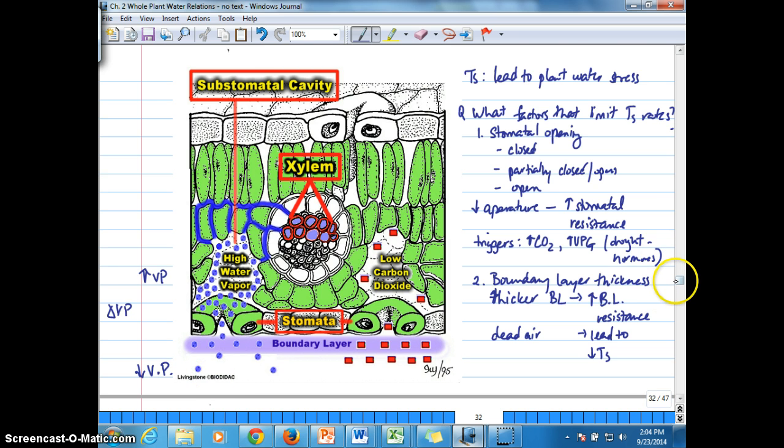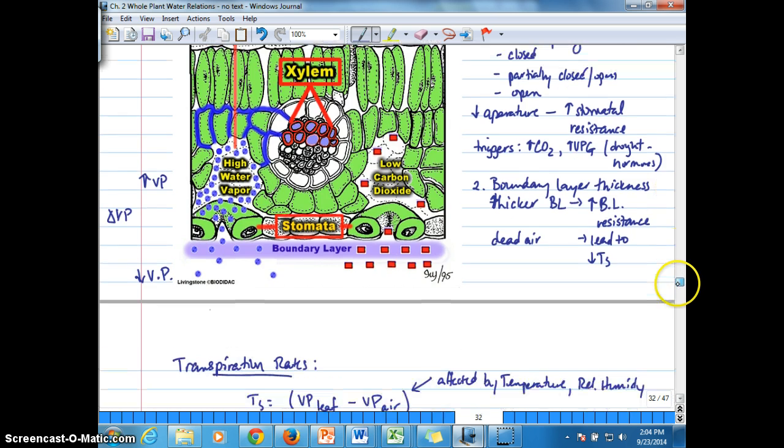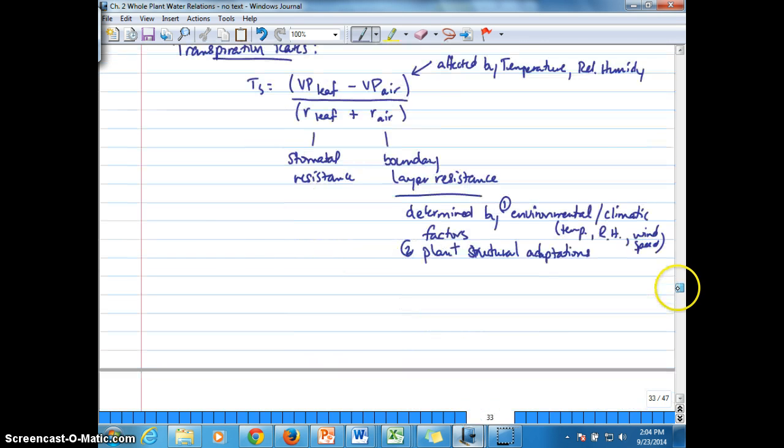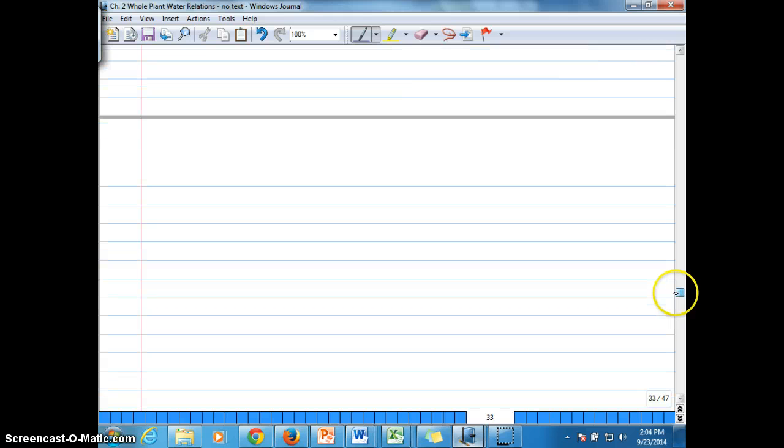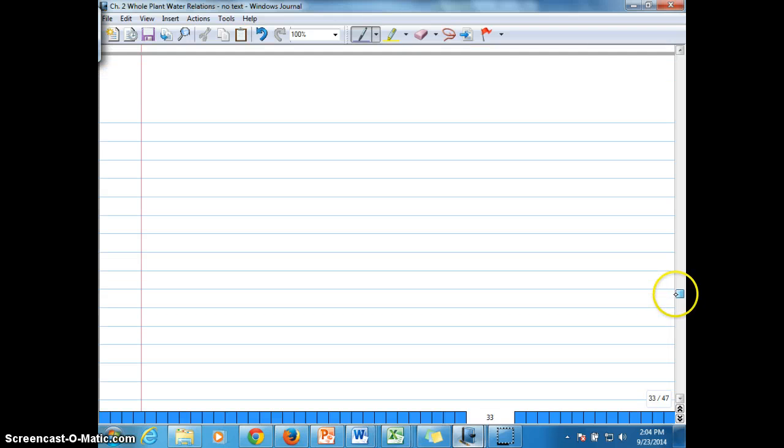The boundary layer is going to influence that gradient, and how open the stomata are is going to influence that gradient. Okay, so we're going to take a look now at climatic factors, or environmental factors, that affect transpiration rates.